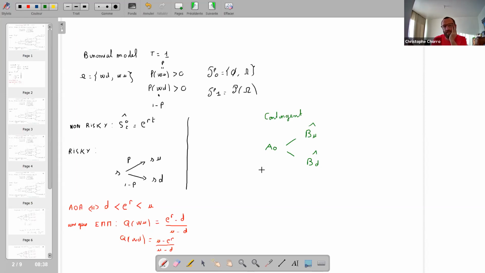And the arbitrage free price in this situation is just the expectation of the actualized payoff under Q, that is, q B U plus 1 minus q B D, where q is this quantity.